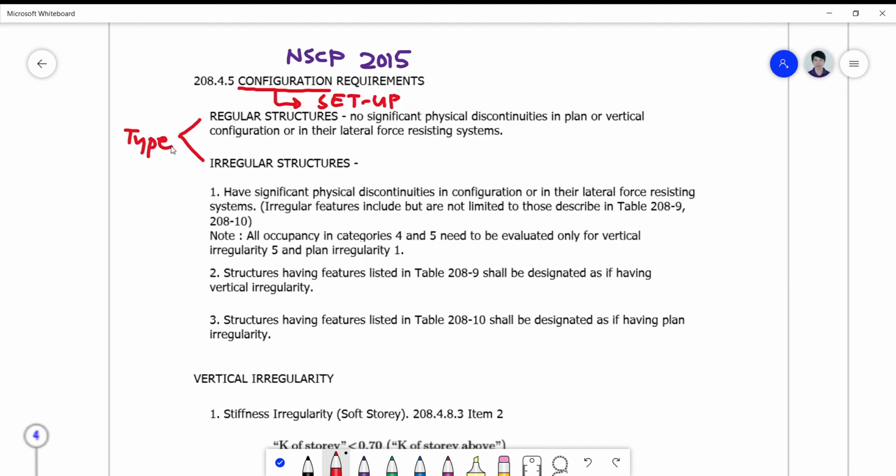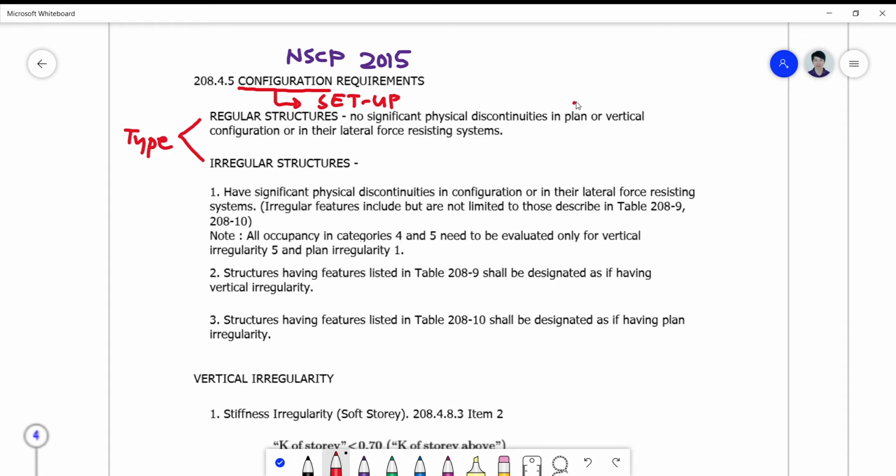on configuration requirements. So for regular structures, the definition is such that these have no significant physical discontinuities in plan or vertical configuration. Okay, so we have two considerations again when we talk of regularity and irregularity.